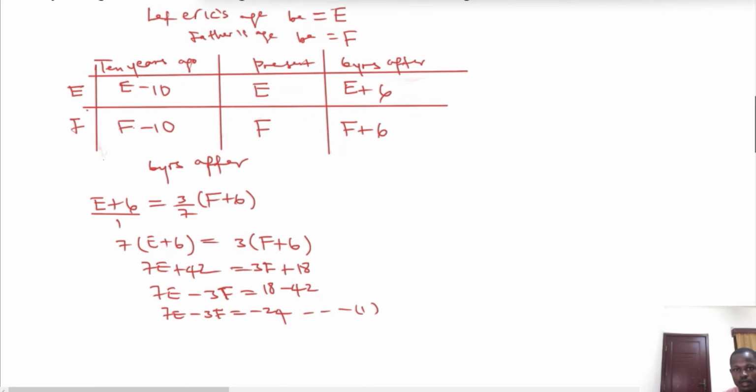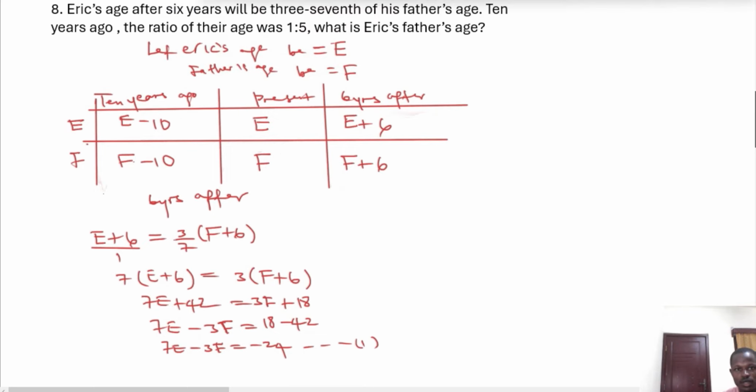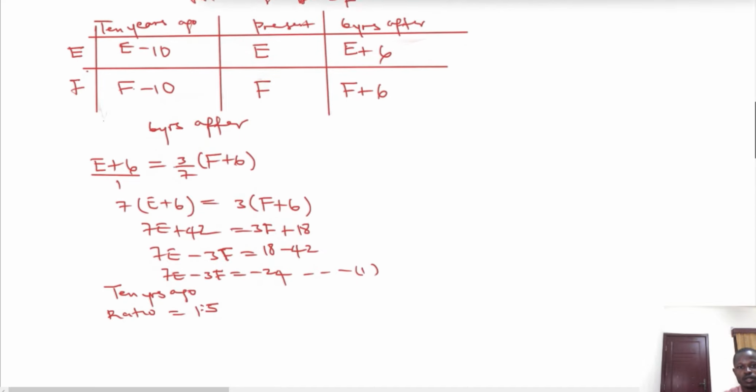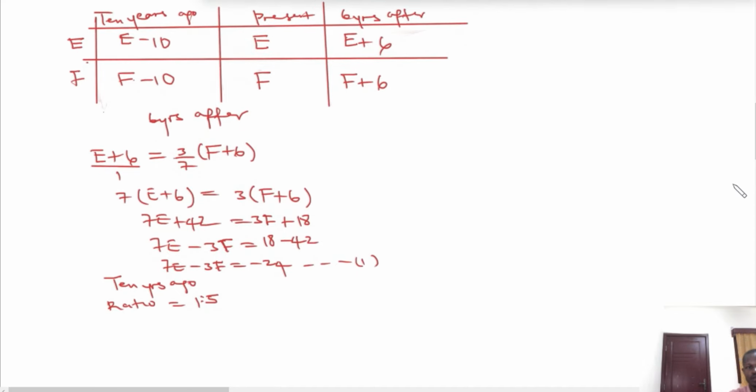Eric's, interpret this, 10 years ago, the ratio of their age is equal to 1:5. So Eric and his father, that's the ratio of the age, 1:5.